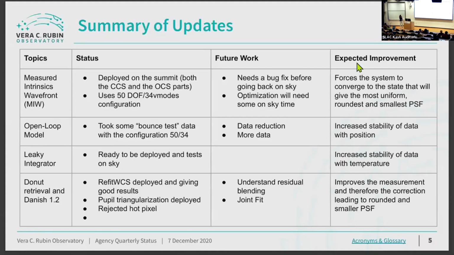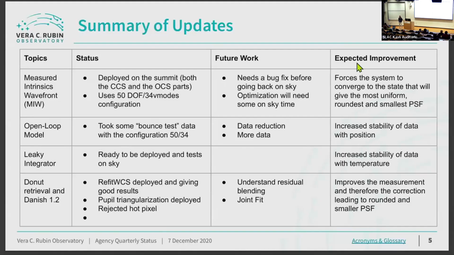The open loop model, I mentioned it earlier. We have it from finite element models. We know it's not perfect. We have tested the open loop model in the lab, both for the primary-tertiary mirror and the secondary mirror, but with only limited gravity vectors.